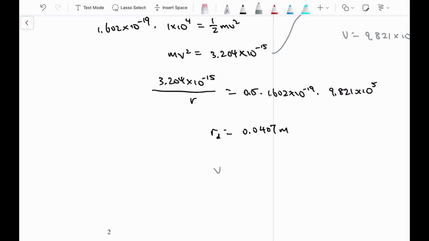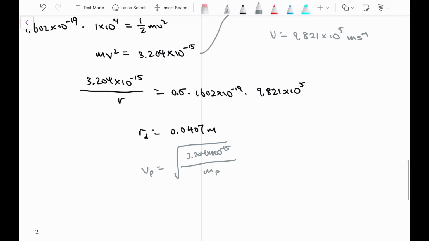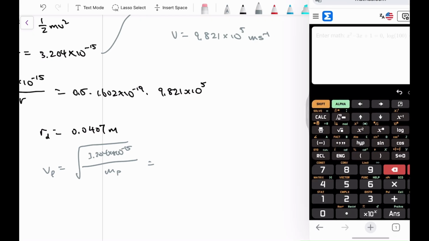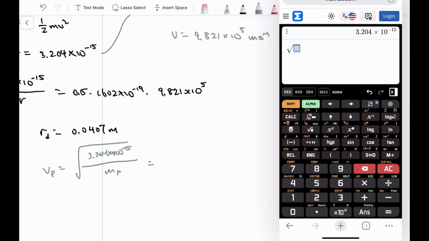The velocity of the proton will be equal to 3.204 times 10 to the negative 15 over the mass of a proton, which is given as 1.673 times 10 to the minus 27.